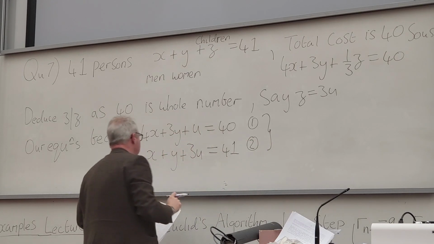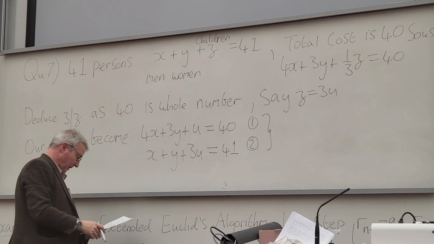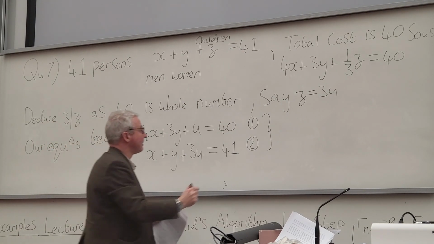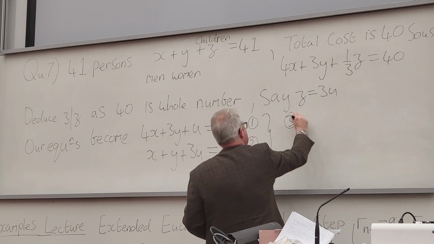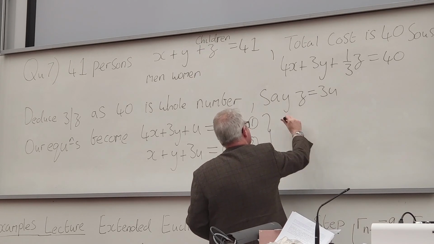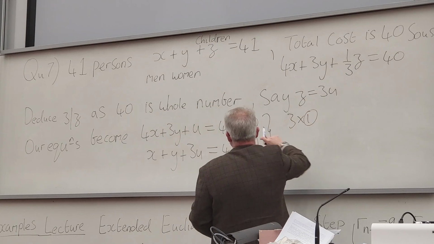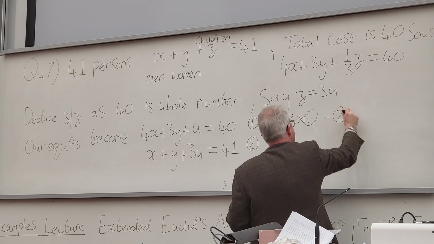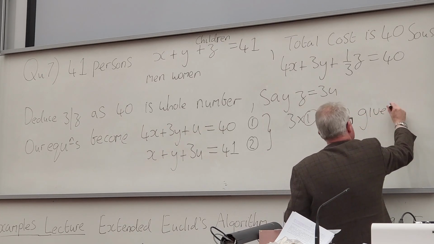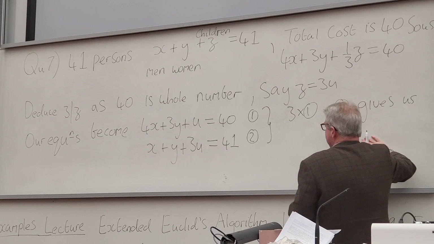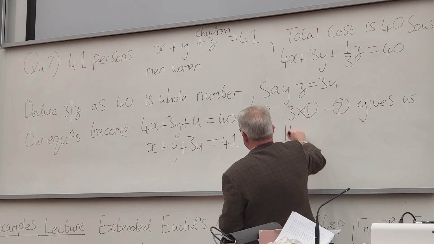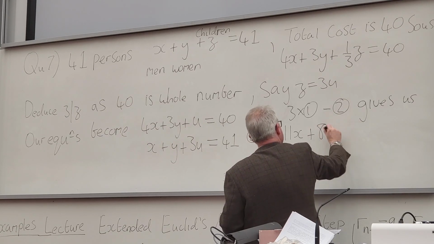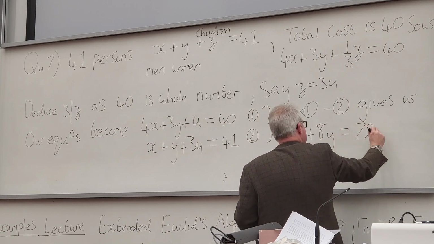and then I eliminate u. So if I have 3 times equation 1 to get to 3u minus equation 2, that gives us, so it's going to be 11x plus 8y equals 79.